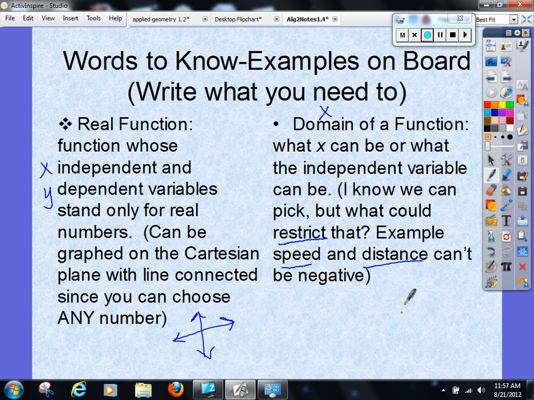So when we looked at that entire graph, which I think looked something like this, it's really bad, pretend it was good. This part of the graph meant nothing in the context of the problem. We were only concerned with quadrant 1 because that was the only part of the domain, the x values that made sense was starting at 0 and going on, and actually we stopped at 70. So there were restrictions on our domain there.